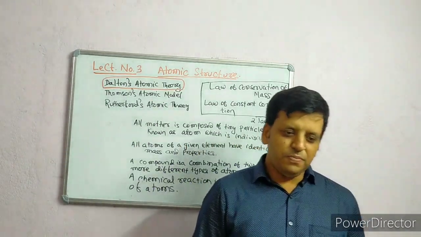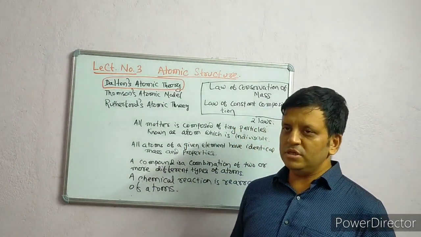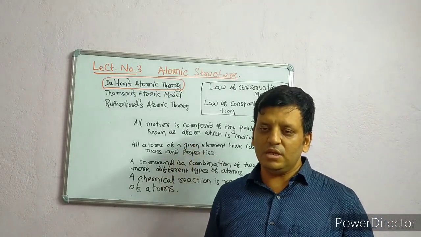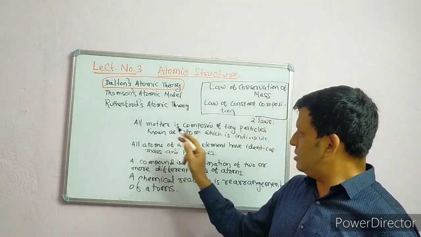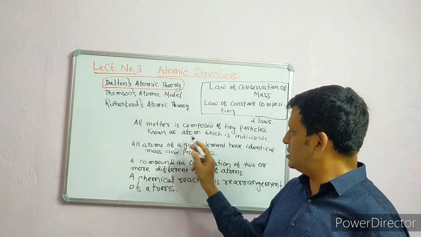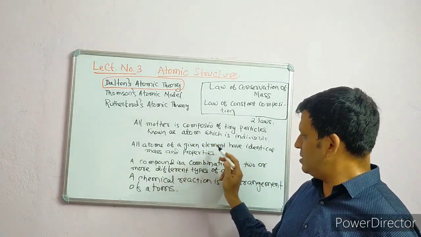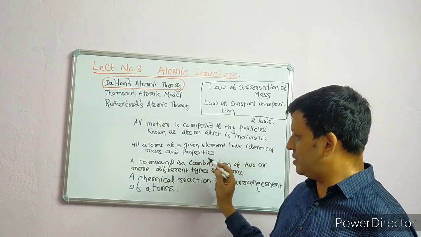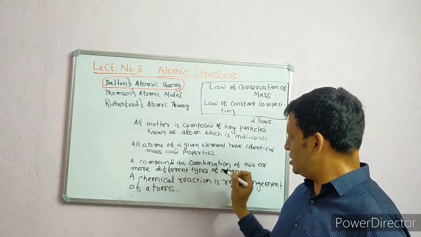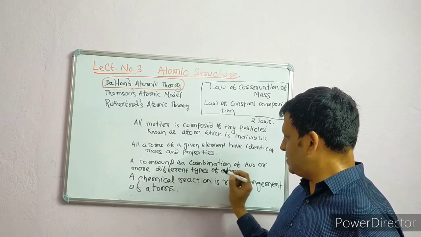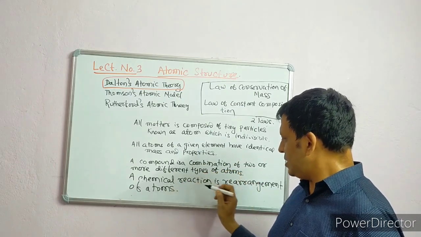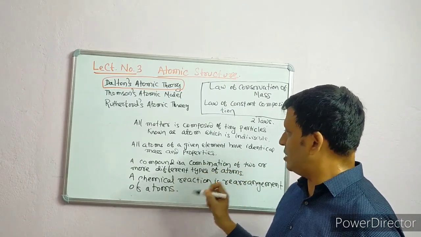So these are the four postulates based on which Dalton's atomic theory is studied. All matter is composed of tiny particles known as atoms, which is indivisible. All atoms of a given element have identical mass and properties. A compound is a combination of two or more different types of atoms. A chemical reaction is rearrangement of atoms.